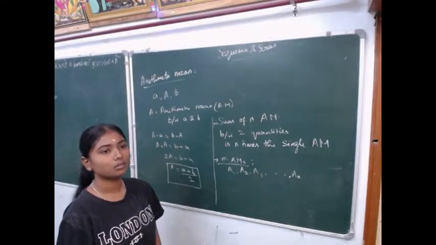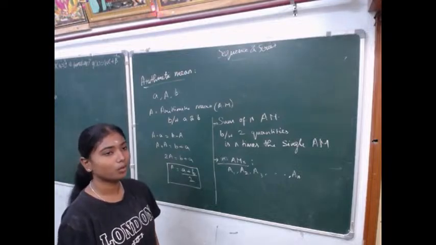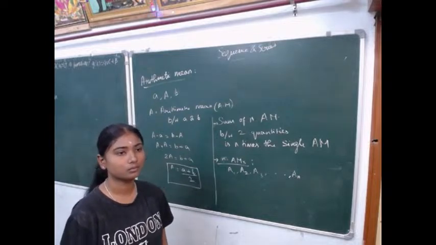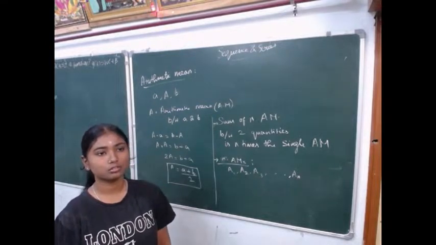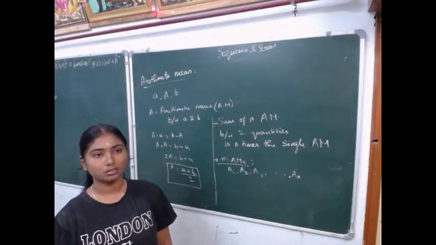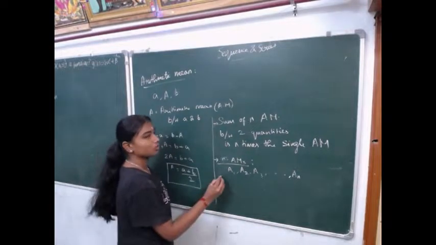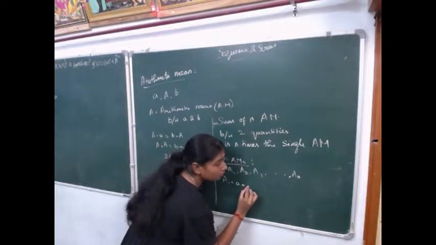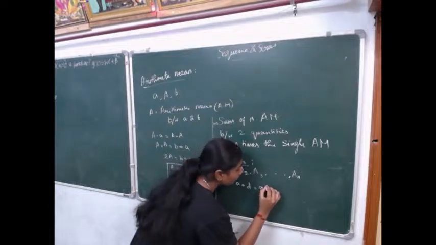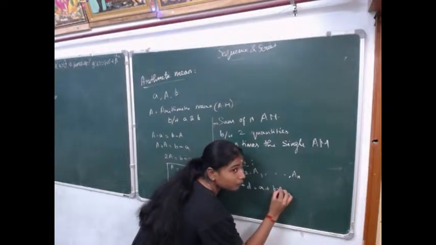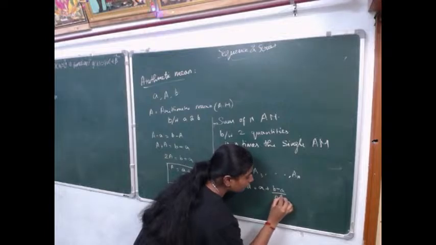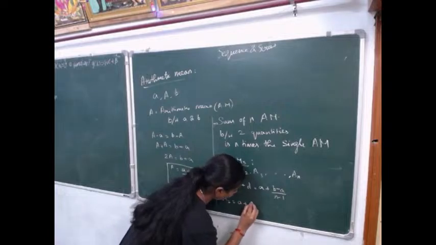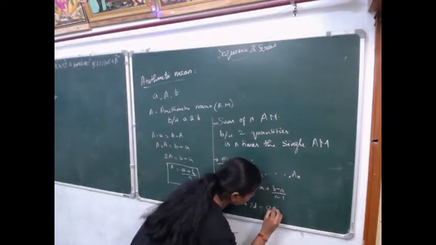That is a plus 2D, twice the common difference, is equal to, we can adopt the same formula, a plus 2 of b minus a divided by n plus 1. So likewise it goes, etc. Now let us talk about the nth arithmetic mean. Therefore a plus nD is equal to a plus n times of b minus a divided by n plus 1. Okay. You understand?